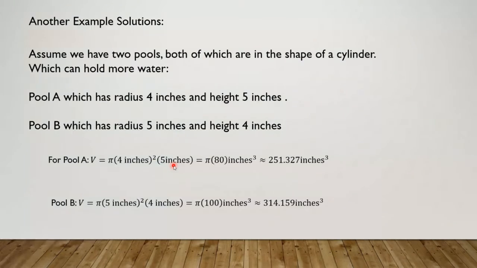If you do that in your calculator, pi times 4 squared times 5 turns out to be pi times 80. And again, it's cubic inches, so it's really just using the calculator. If you do 80 times pi, you're going to get approximately that number.